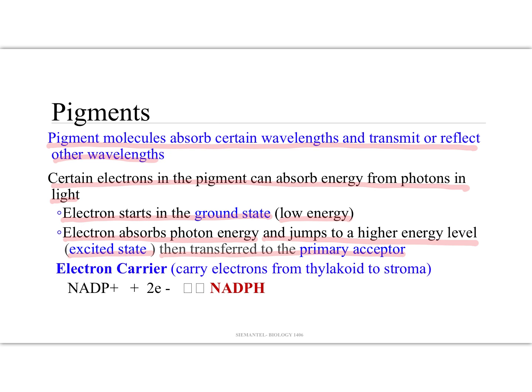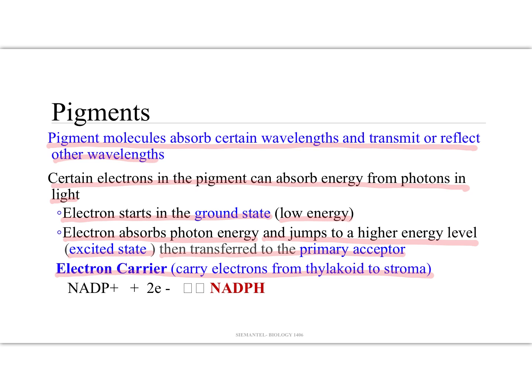In photosynthesis, because again it's very similar to cellular respiration, the electron carriers that we are going to use carry electrons from the thylakoid to the stroma. Now remember, the thylakoid is where your light-dependent reactions are taking place, and the stroma is where your light-independent reactions are taking place.